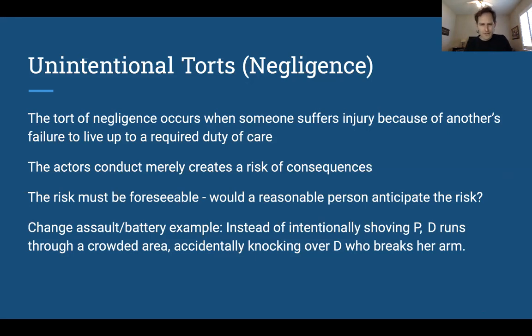Just so you know, and this is probably obvious to you, if you sue somebody for battery, your damages are probably going to be higher. Why? Because they meant to hit you in the face. Whereas if you sue them for negligence, your damages, meaning the amount of money that you get out of this, probably won't be as high. Why? Because an intentional tort shows more willful intent, obviously, than just mere negligence.